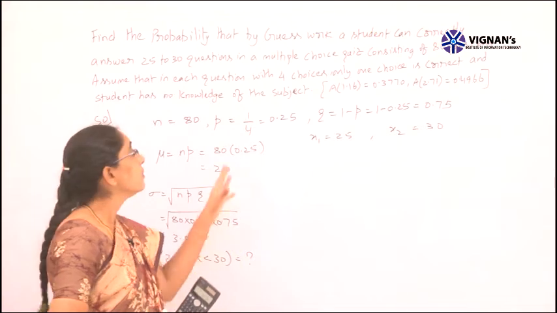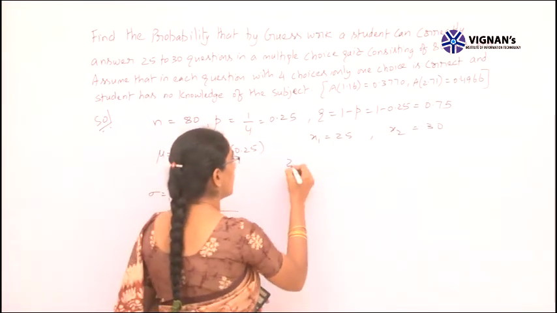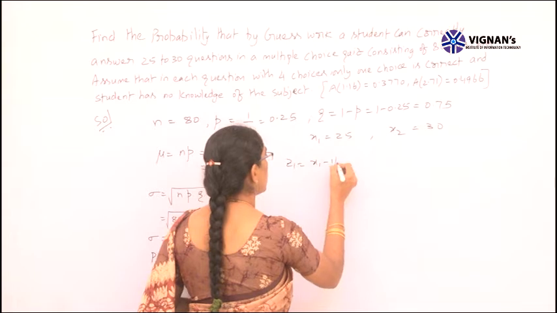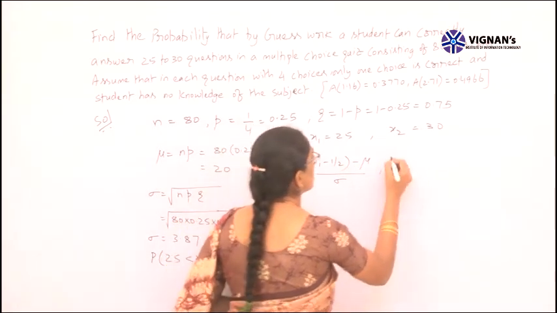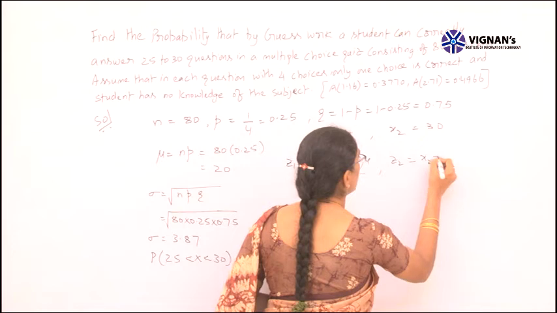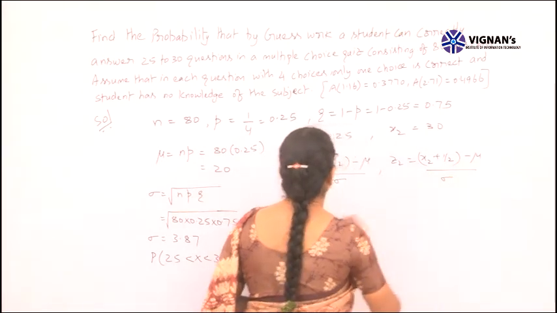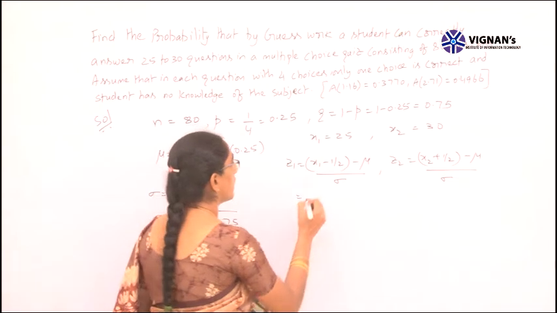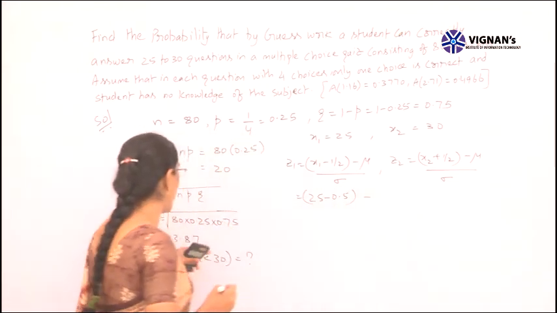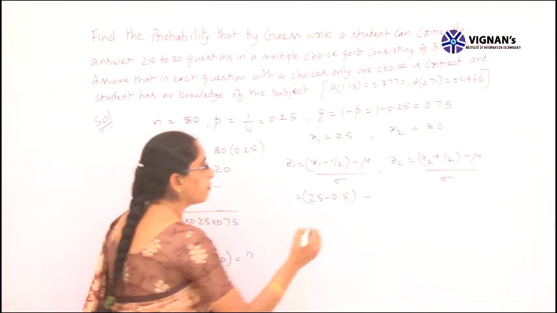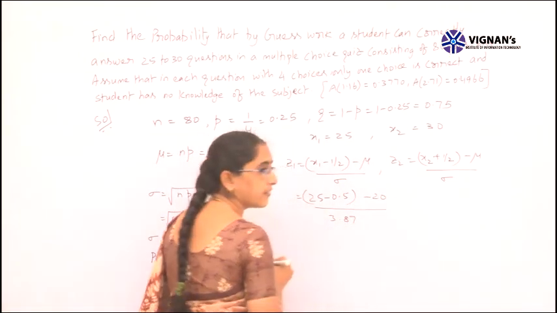And here also the p and q values are not equal. So Z1 is (x1 minus 1/2 minus mu) by sigma and Z2 is (x2 plus 1/2 minus mu) by sigma. So x1 is 25: 25 minus 0.5 minus mu, whose value is 20, by 3.87, the standard deviation.